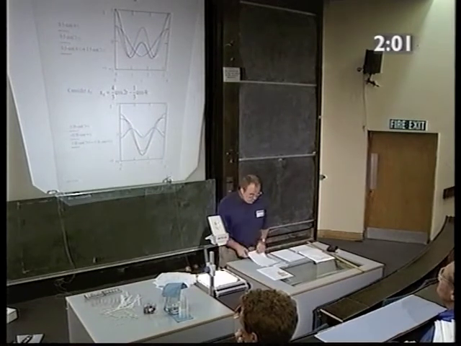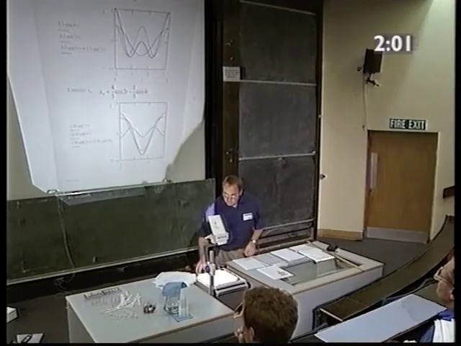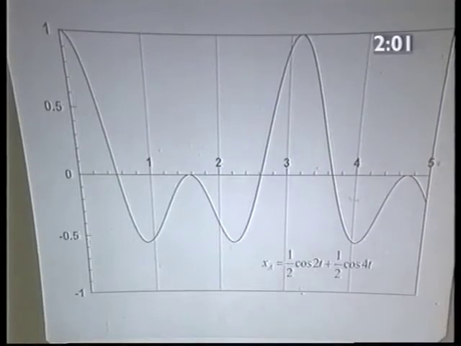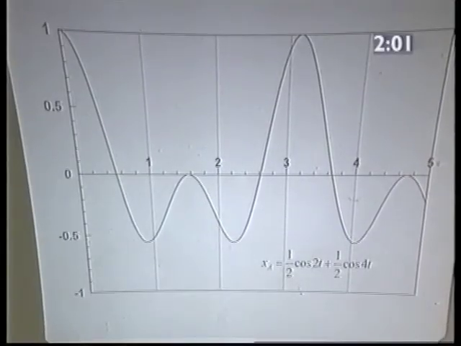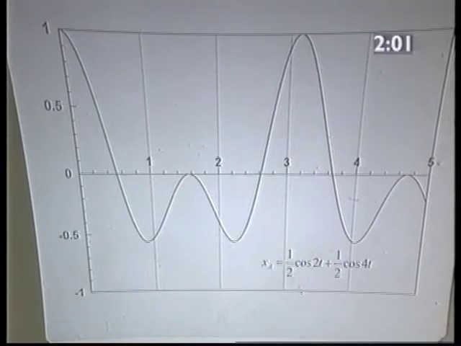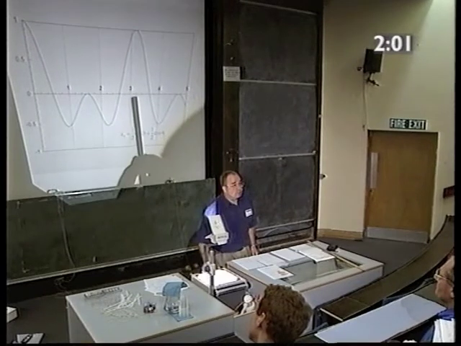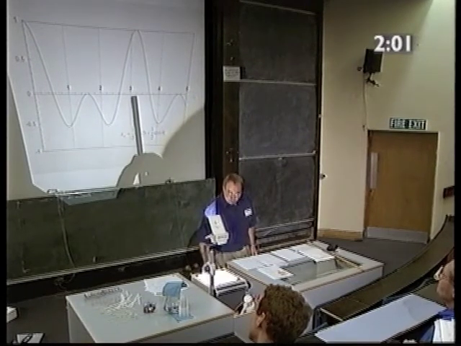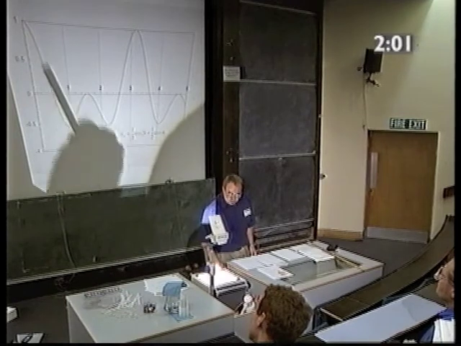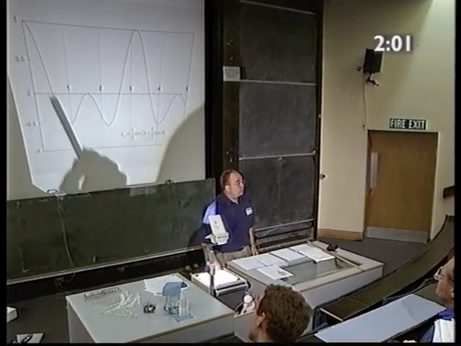So I've actually drawn out now these graphs to go over a longer period, a longer time. So that's what XA looks like, and it's repeating itself every pi seconds, just over every 3 seconds. And notice it's got this sort of behavior, which we did observe.